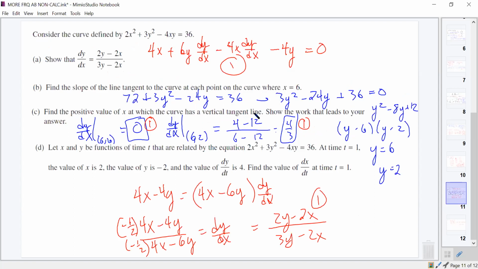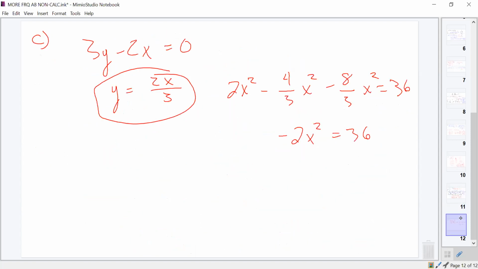Must have missed the sign. Oh, that's a plus 3y squared. That's where I missed the sign. That's a plus 4/3 x squared. Don't miss the sign.